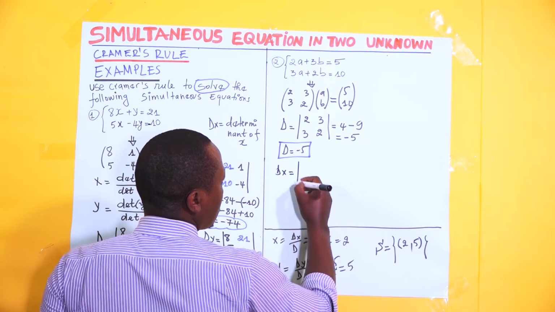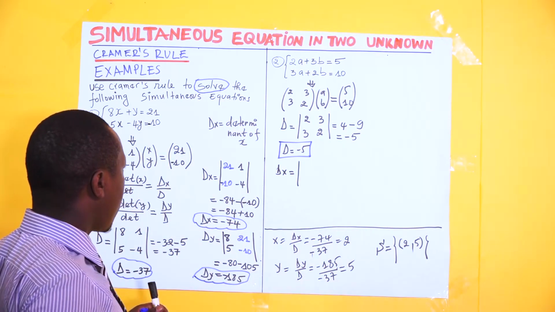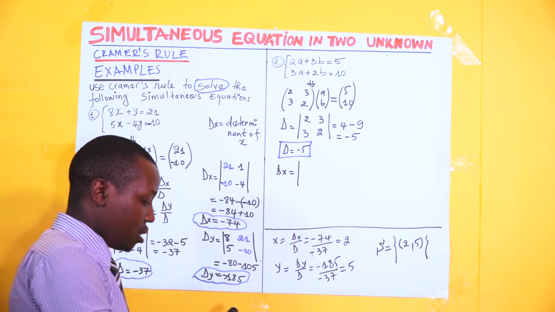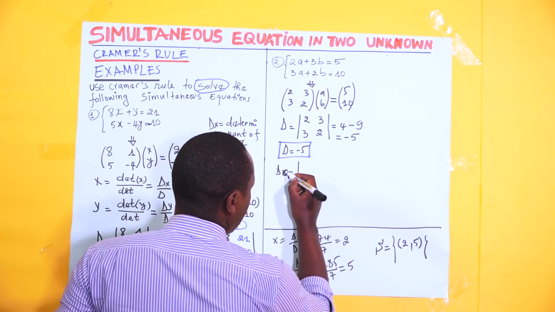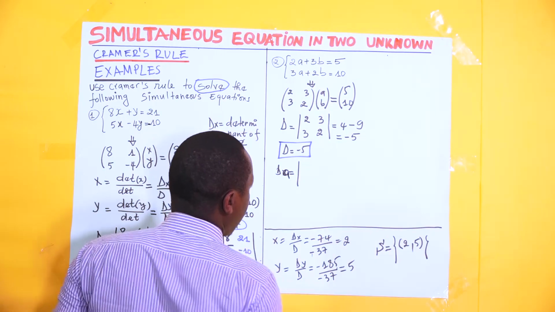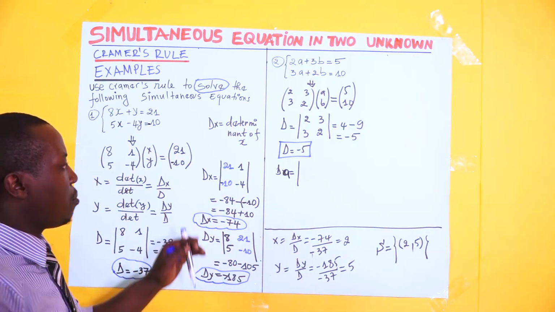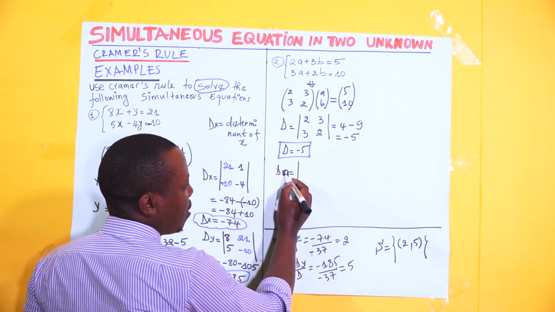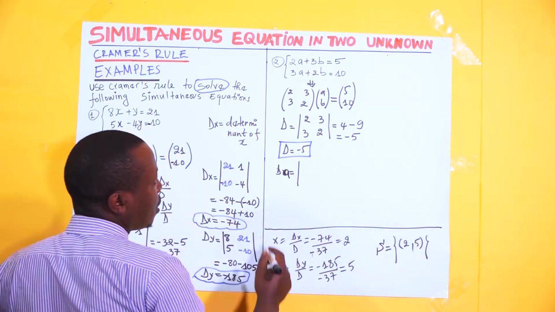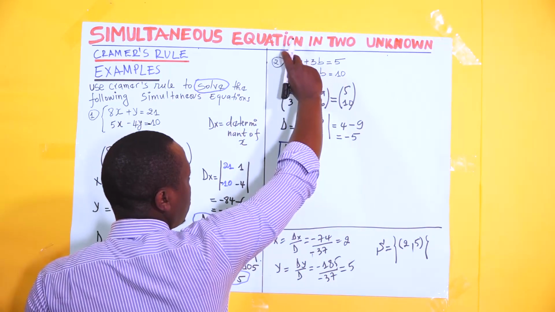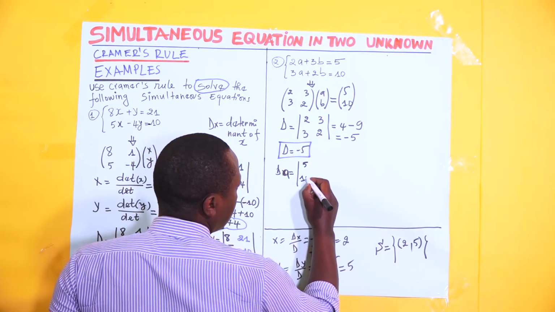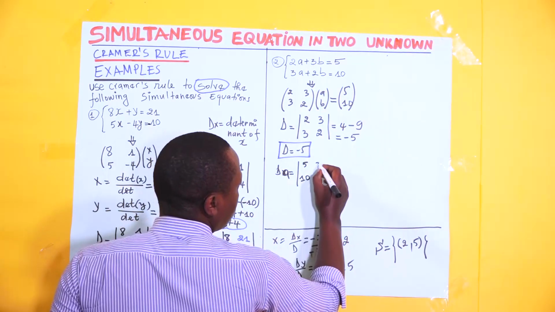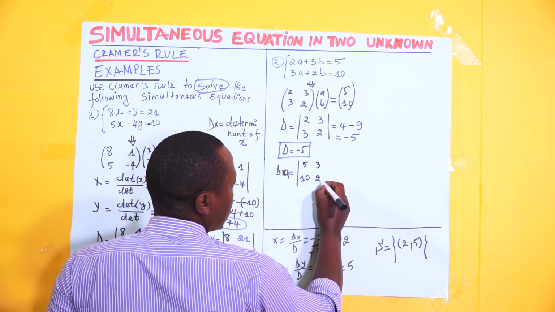Let's find the determinant for a, dA, determinant of variable a. So how do you find the determinant of variable a? We substitute the coefficients for a by 5 and 10, and you copy the ones for b, 3 and 2.